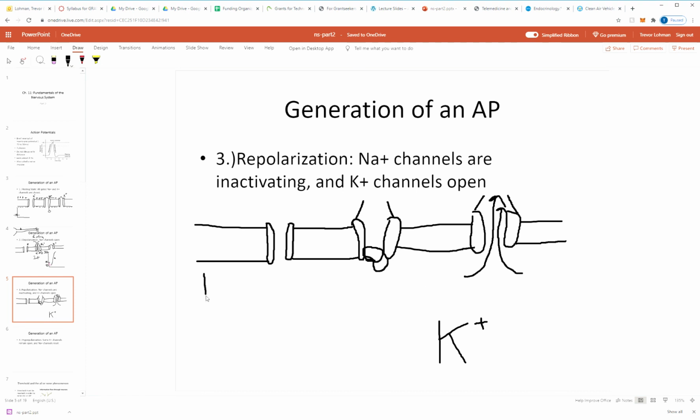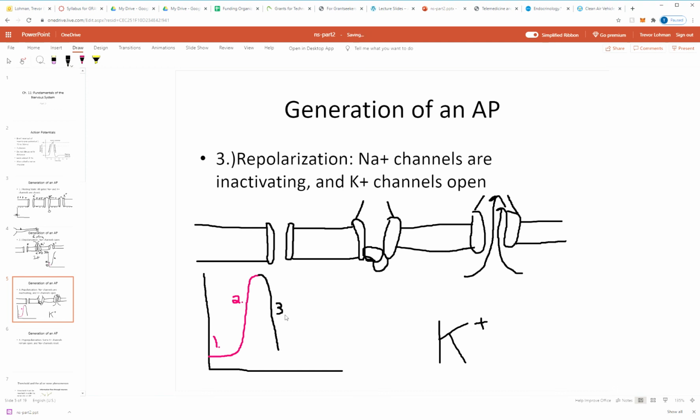So what does that look like on our graph? Rest was in pink here, and then depolarization was phase 2. Now we're in phase 3, which is repolarization.